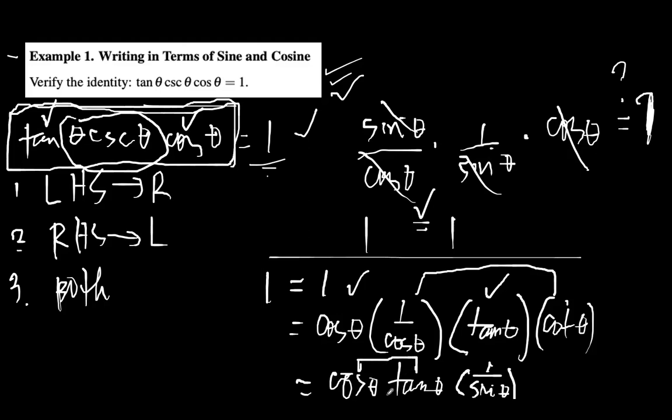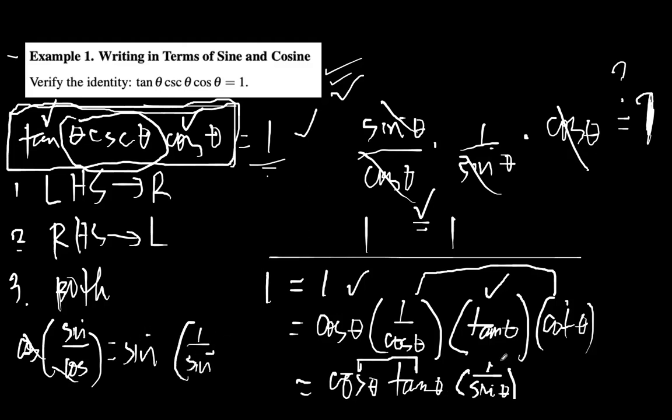Sine ang makukuha ko dito, di ba? Tama ba? Yeah, tama. Because cosine times sine over cosine is equal to sine. So, para maging 1 siya, kailangan ko itong multiplyan ng 1 over sine. Ito yun. Diba? And 1 over sine is just equal to cosecant.